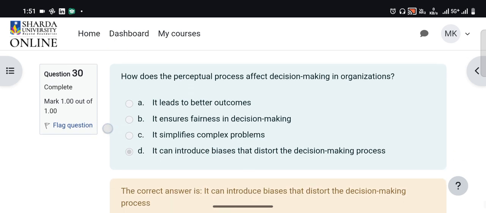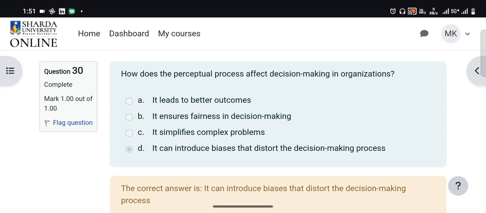Option D, it can introduce bias that distorts the decision making process. The correct answer is it can introduce bias that distorts the decision making process.